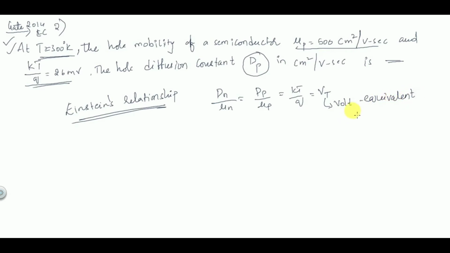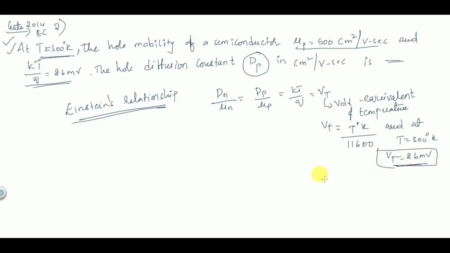Vt is equal to T in degrees Kelvin divided by 11,600, and at T equal to 300 degrees Kelvin, Vt is equal to 26 millivolts. This is the standard formula which you have to remember. The value is given in the question also, but sometimes if they don't give it, you have to remember this.